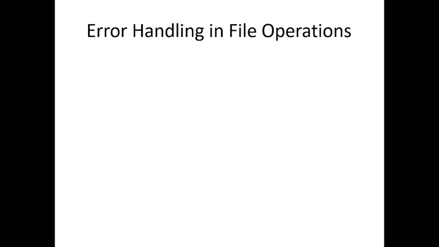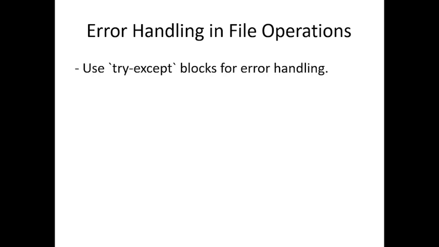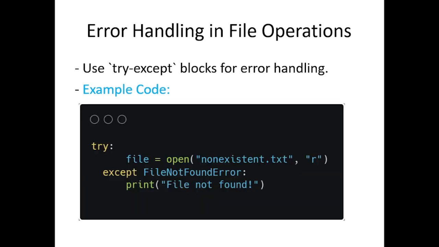Now error handling in file operations, we use the try except block for error handling. Just see the example. So the open function or whatever function that we want to use to process the file must be included in the try block.